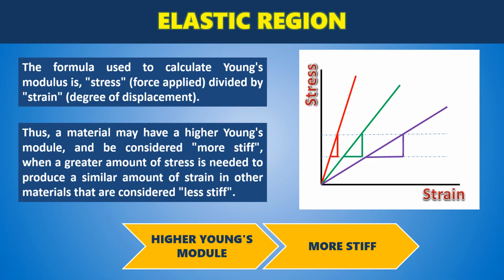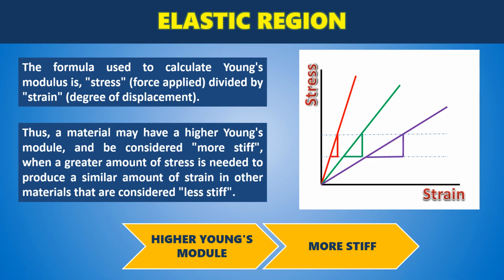Now, as you can see, with respect to material A, we need a higher stress to create a smaller deformation in the material, while the same stress applied to material B, the green one, will create a larger deformation.